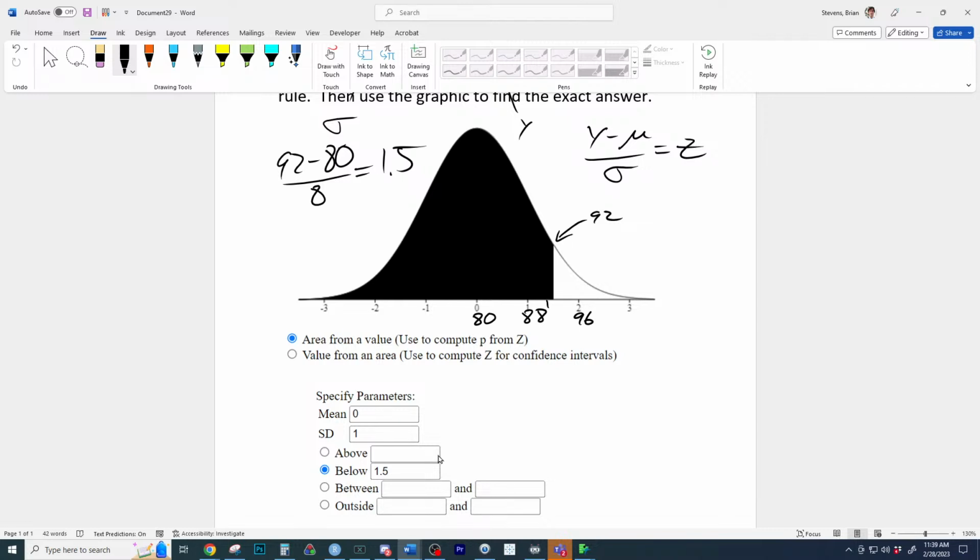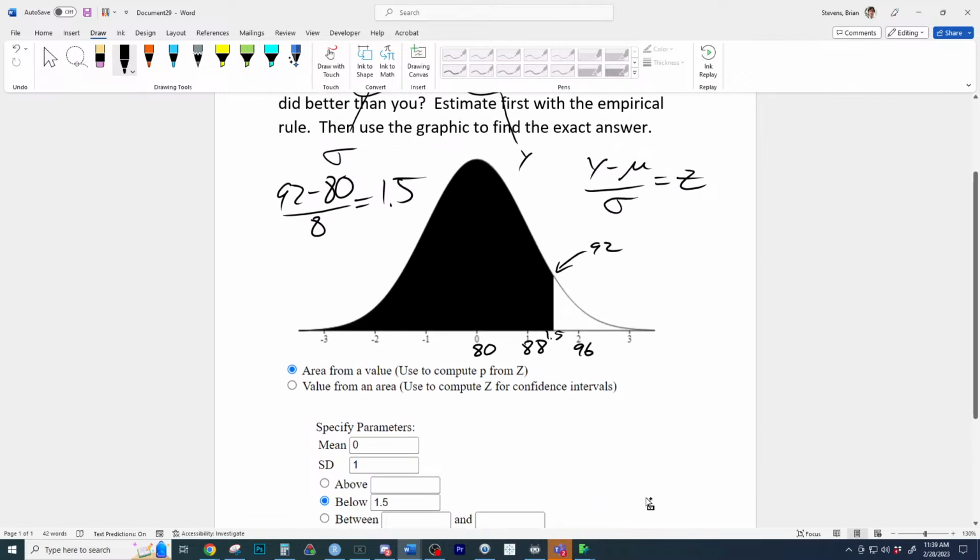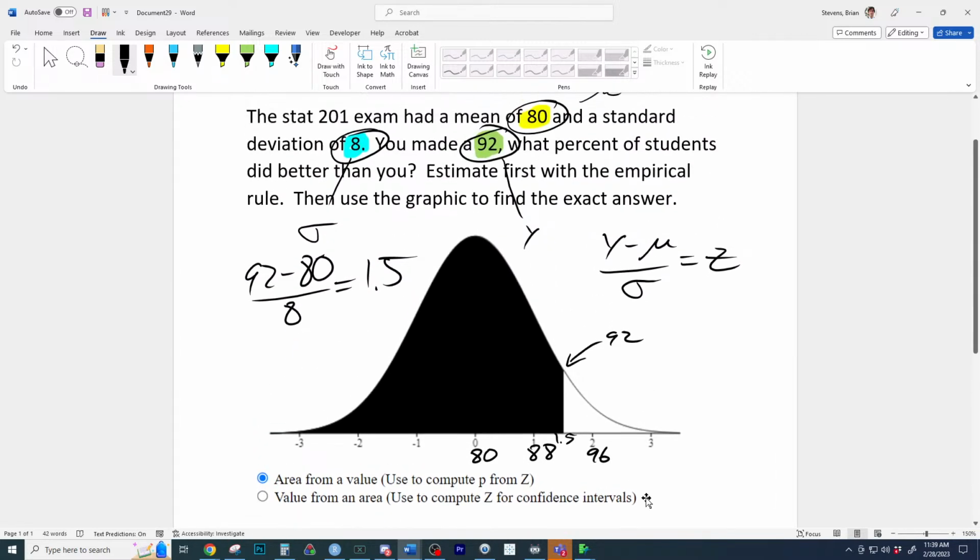So the z-score right here of 1.5 is for 92. It's not the 92nd percentile. It might actually be close to that. It is very close to it, ironically, but it's not the 92nd percentile. Your score of a 92 has a z-score of 1.5, which has some similarities just by happenstance.